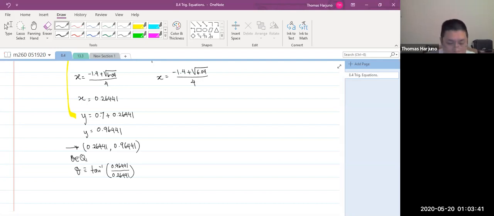Tangent inverse of 0.96441 over 0.26441, I get theta here is 74.66810 degrees.